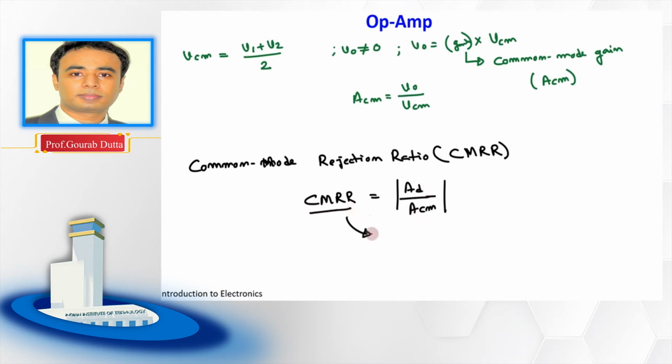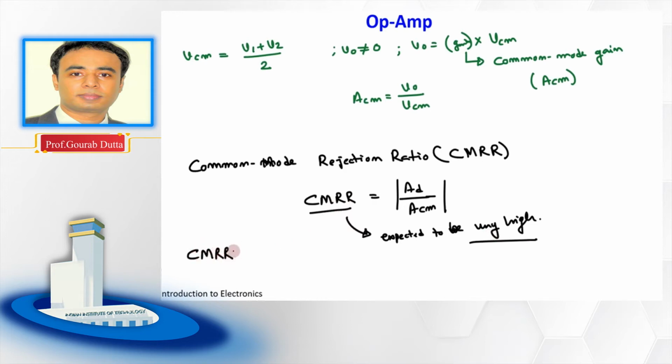CMRR value is expected to be very high, right? And in many cases, as this is a very high value, the CMRR is represented in dB scale.